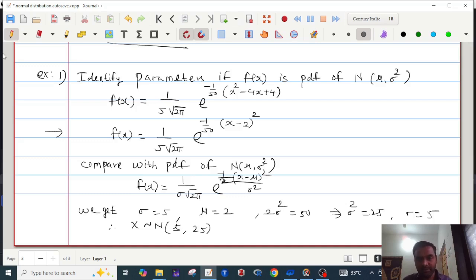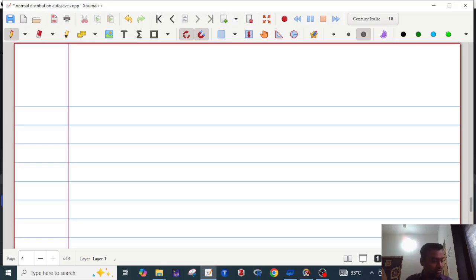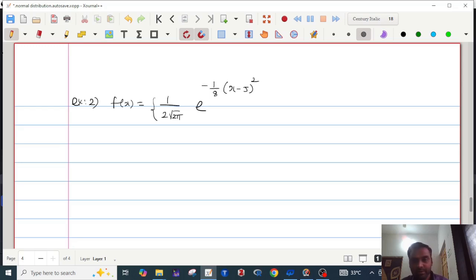Let's take one example for you. So let's take this example. F of x is equal to 1 upon 2 under root 2 pi e raised to minus 8 (x minus 5) square.